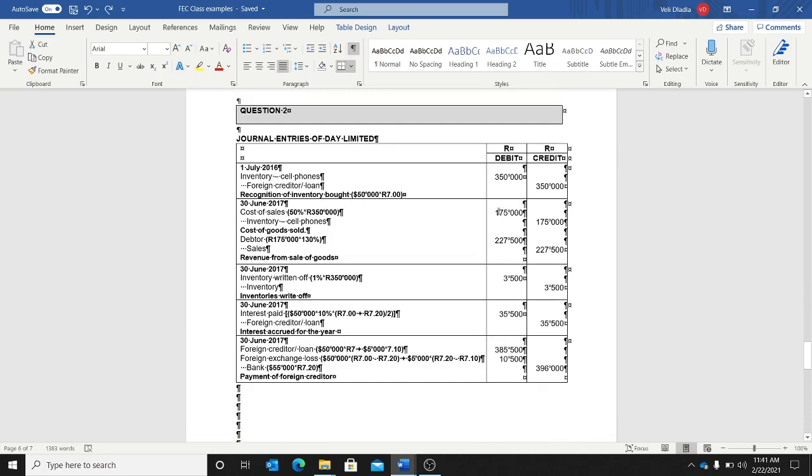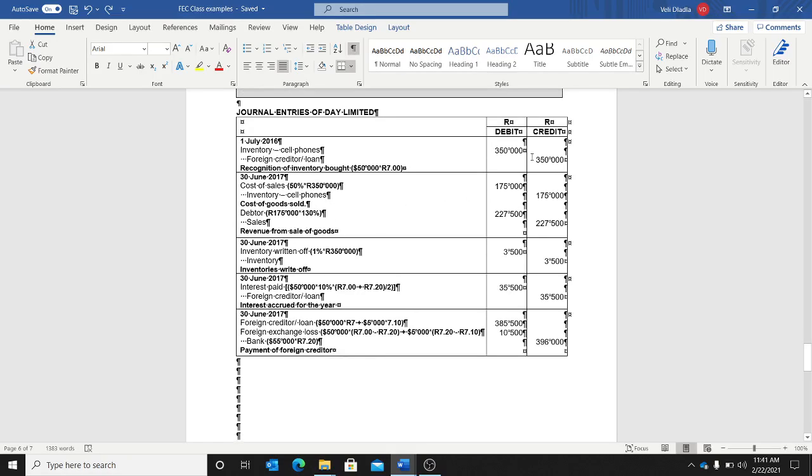Now on this one, what I can then show you is that it is still the same as the first one. You can see here 1%, you are writing 1% off of the cost. You are selling 50% of the cost and you get 175. Then you add the markup of 30% to sell. It's more or less the same thing.